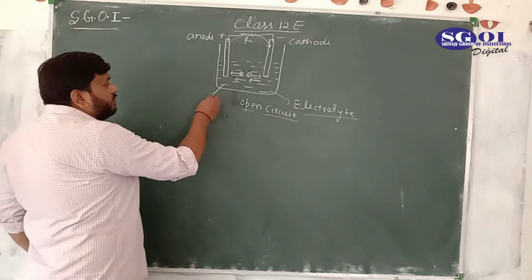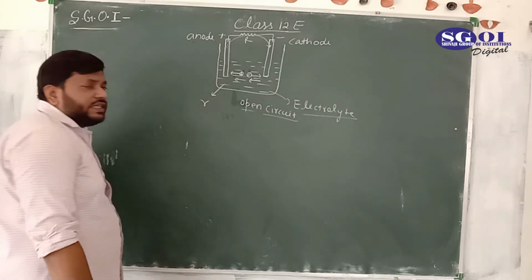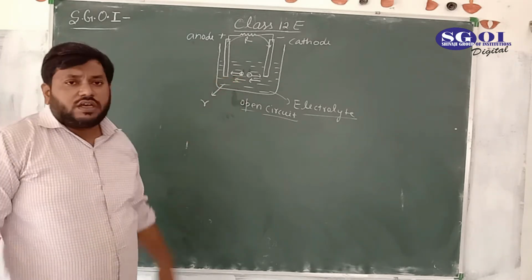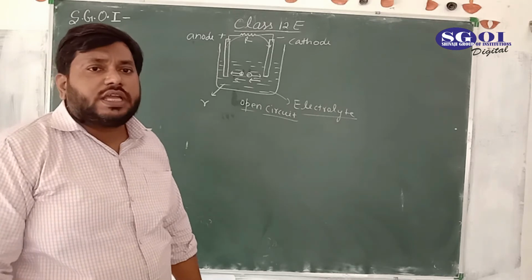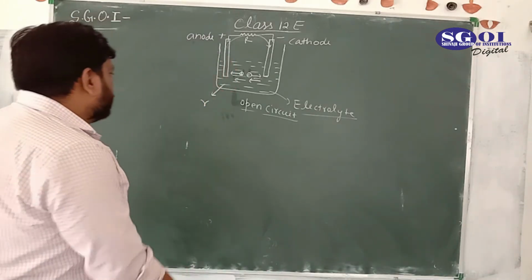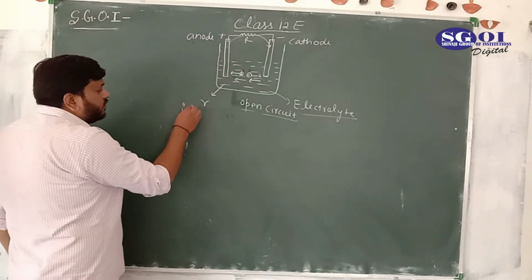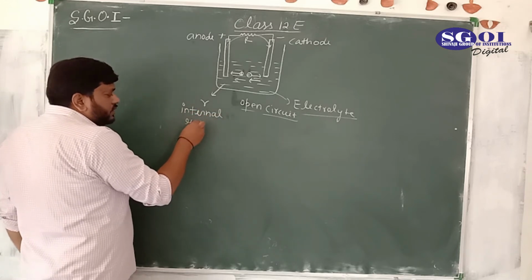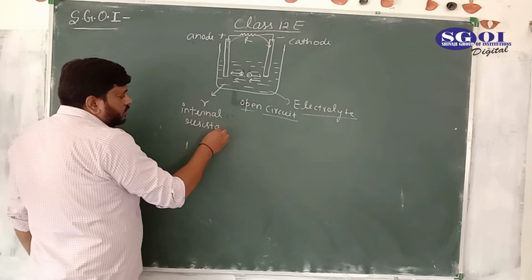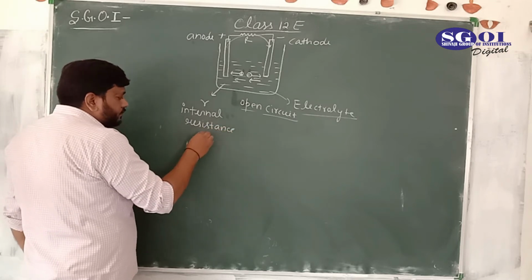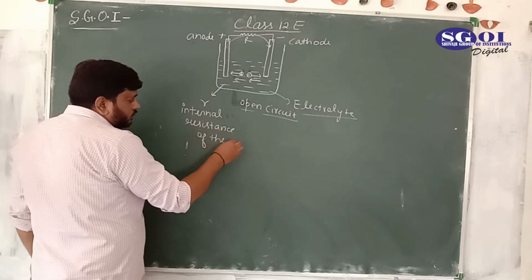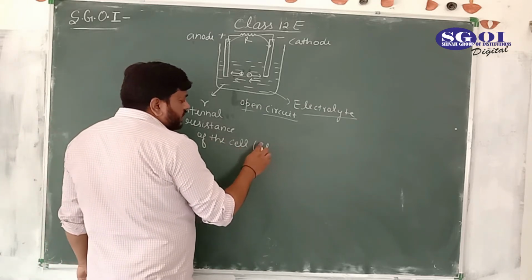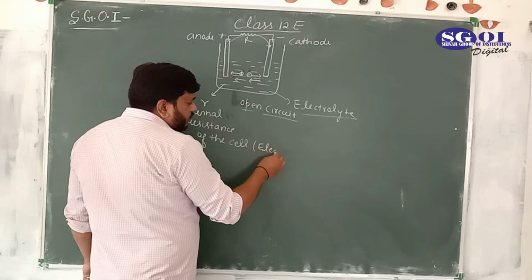The resistance of the electrolyte is represented by the letter small r. This is called the internal resistance of the cell, or also the resistance of the electrolyte.